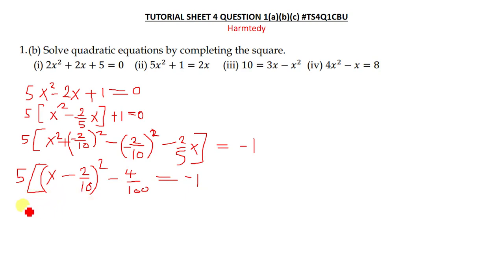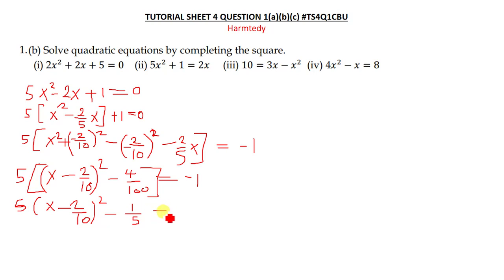Sorry, first we open the brackets before we take it to the other side of the equal sign. So we're going to have 5 open brackets x minus 2 over 10 squared. Then 5 times 4, there we get 20 over 100. That will give you 1 over 5 as your answer.